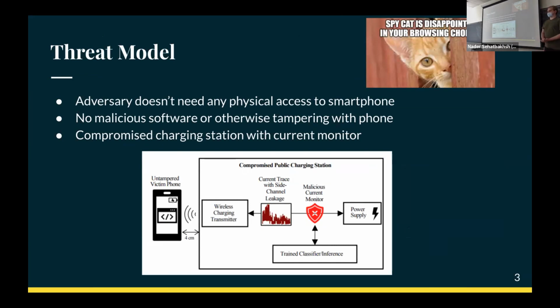They don't need any malicious software or otherwise access to the device. All they need is the compromised charging station with a current monitor inserted in series. The diagram down here shows that. We have the malicious current monitor feeding data into a classifier. Everything else works completely normally.